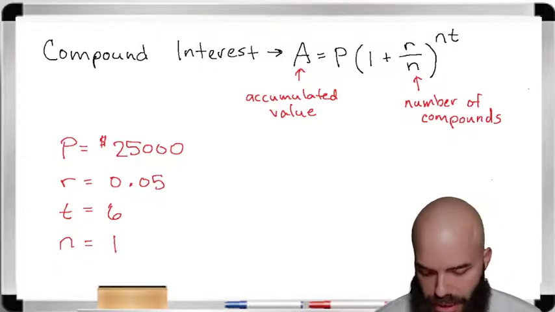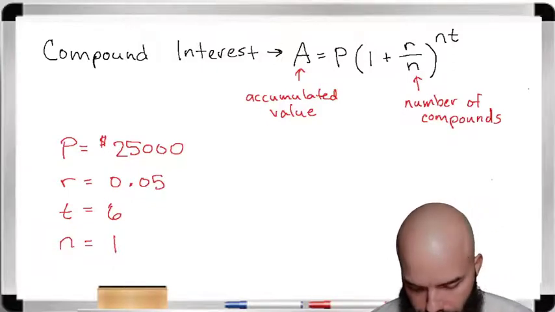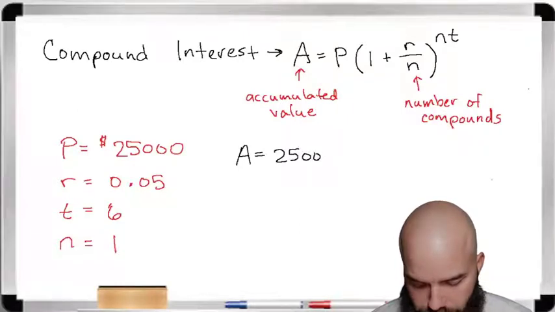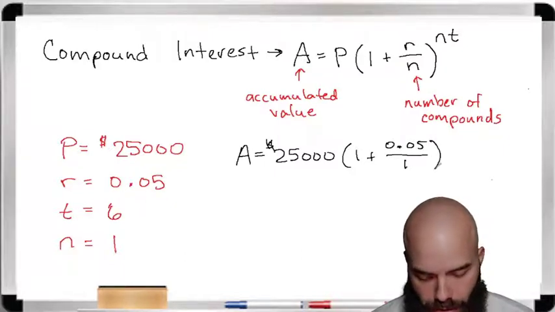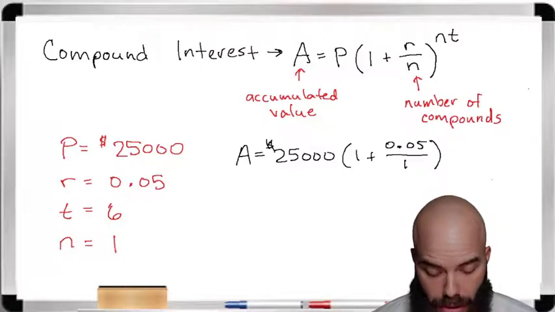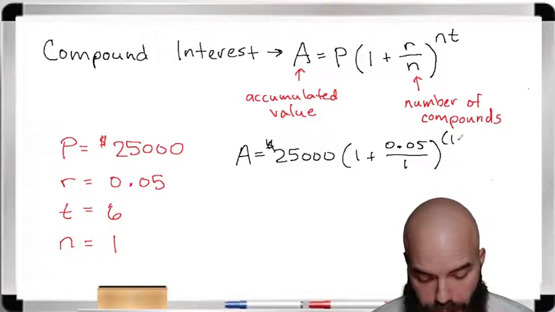All right, we'll set this up. We'll say, okay, well, the accumulated value is equal to 25,000 times 1 plus 0.05 over 1, to the power of 1 times 6.